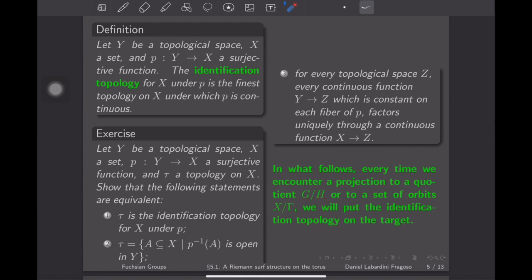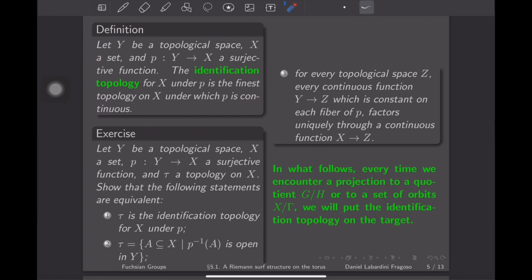And we are also going to be considering the set of orbits of the actions on topological spaces. In both situations, we are going to be endowing the corresponding quotient sets with the identification topology, and here you can see the definition.